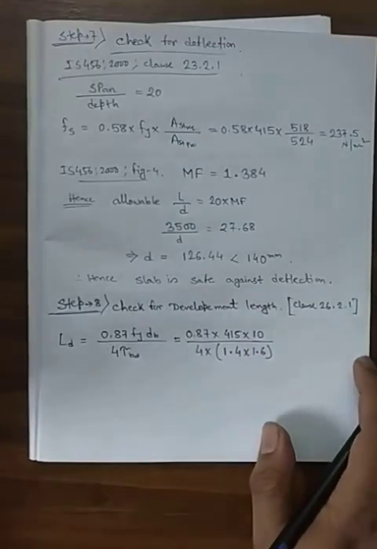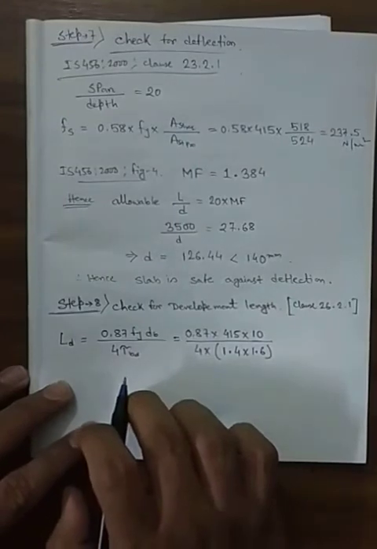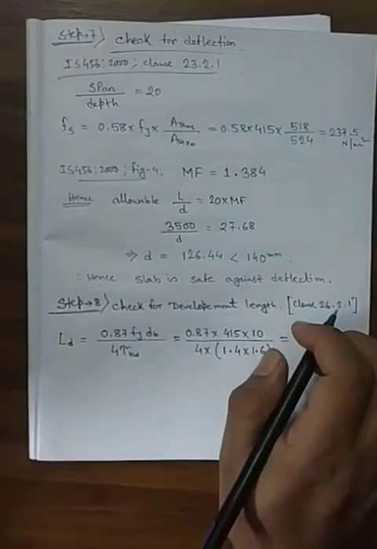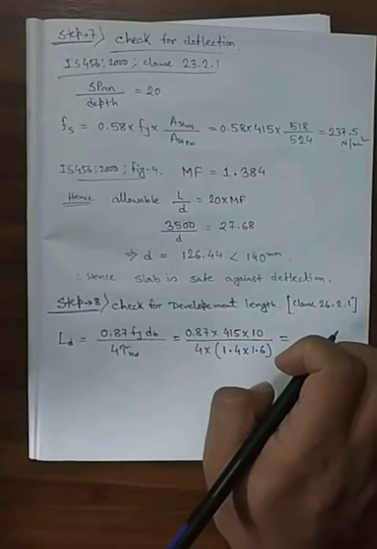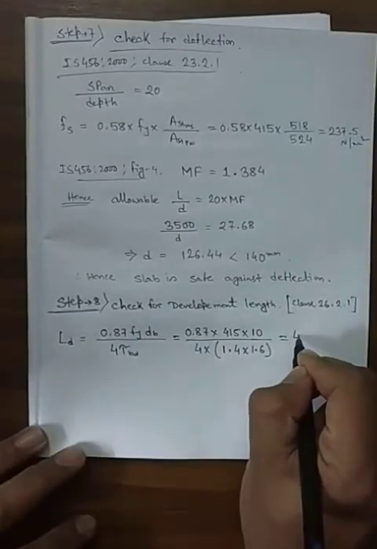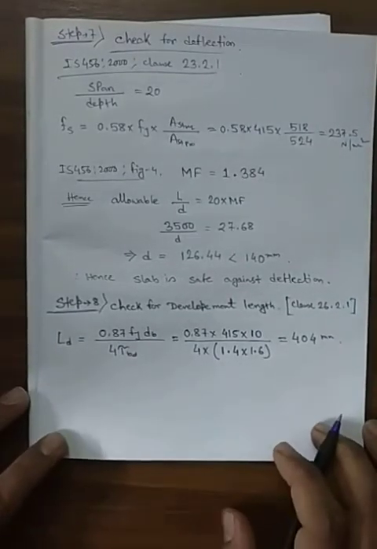Why 1.6? In limit state design, the bond stress is increased by 60%, so we have to multiply by 1.6 when calculating development length. If we calculate, the value comes to 404 millimeters. So this is our development length.